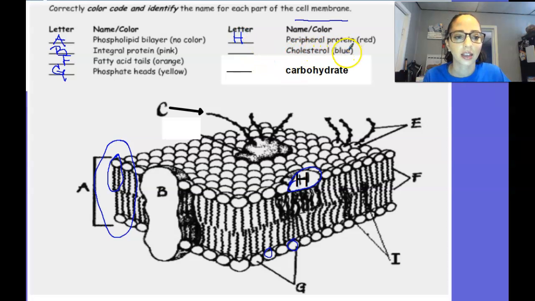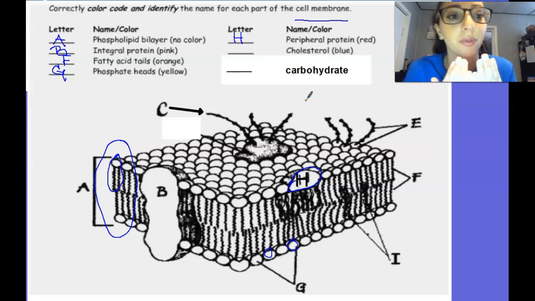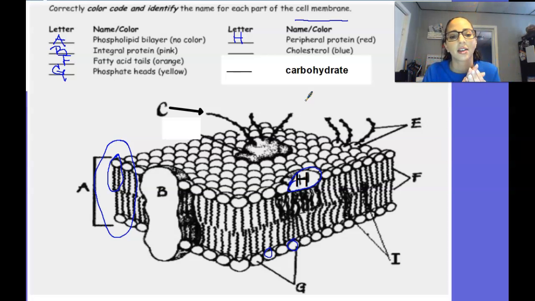And then cholesterol. Remember that the function of the cholesterol is, when temperatures tend to drop, it keeps that cushion, so the phospholipids don't stay super rigid and packed together.